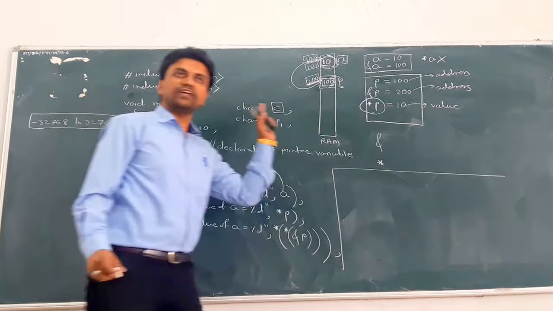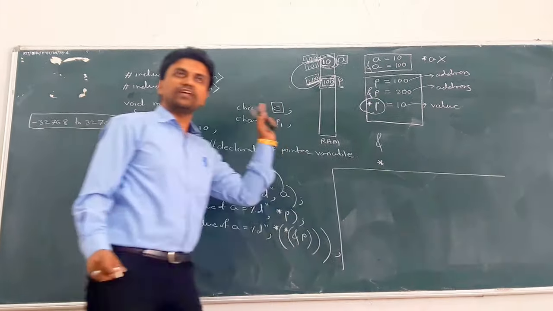What is that? Suppose printf "value of a is equal to %d". First use pointer P, its address means what? First evaluate the inner brackets, that is pointer P. What does pointer P give you? P's address location's value, 10.